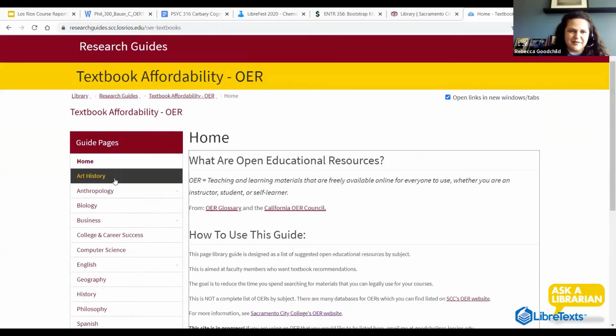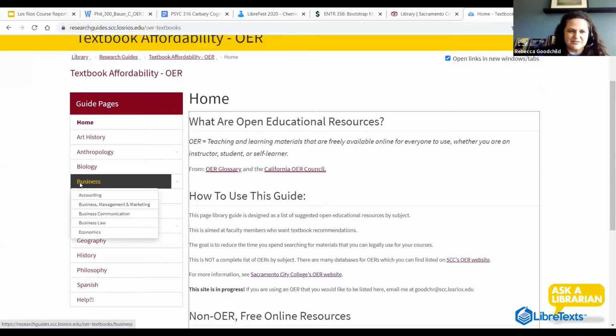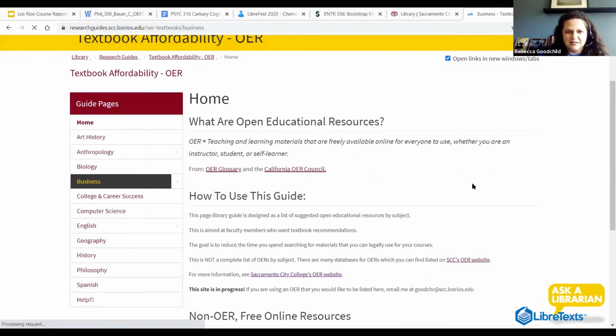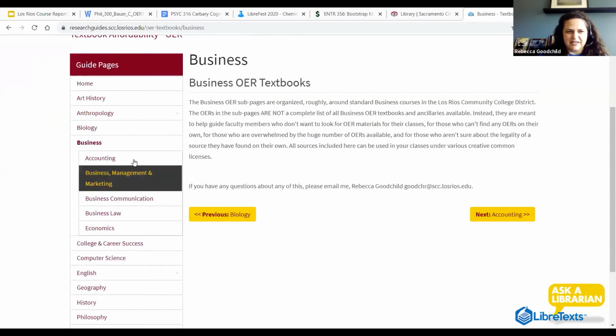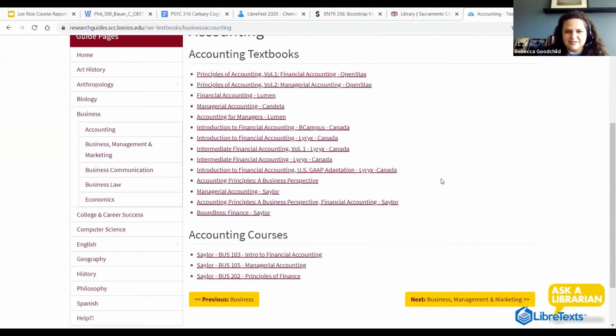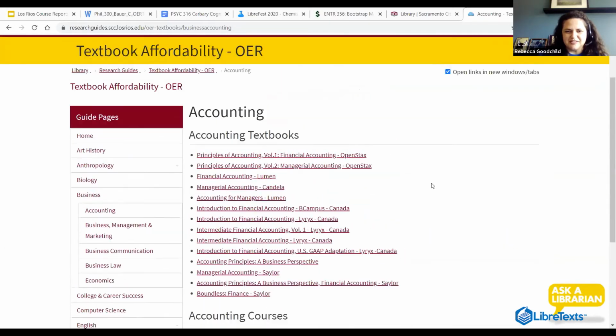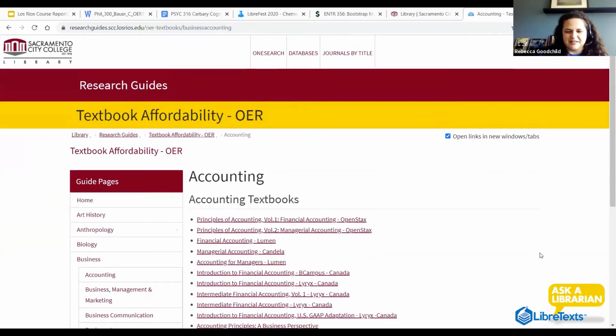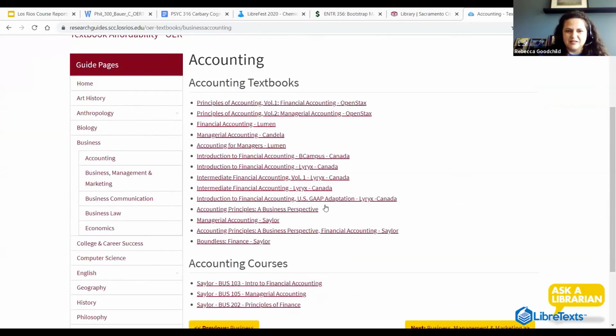I can actually show you what it looks like. So here's my textbook affordability guide. People can just go over, and business is really fleshed out at the moment. Hey, accounting, here are a lot of the big ones. Okay. So I'll usually use this and just directly link LibreText and send someone a link or two, like, have you seen this?